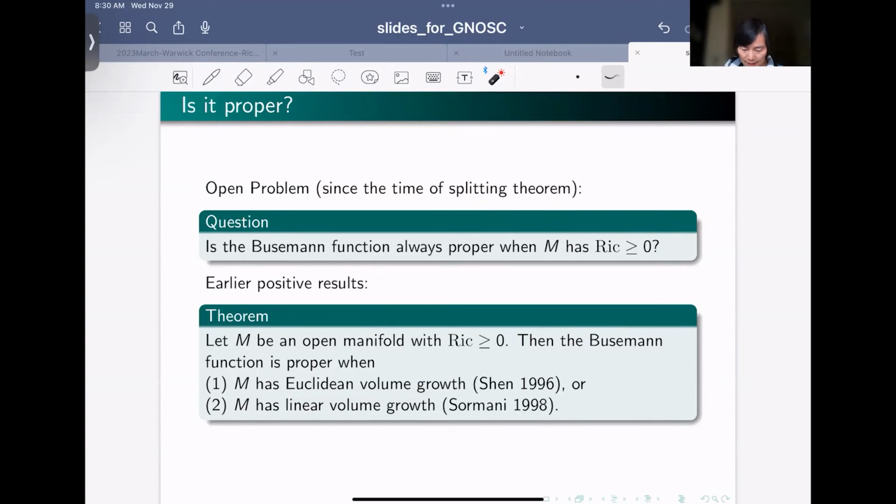And another case is by Cristina Sormani. She did it for linear volume growth. That is the minimal volume growth case. In these cases, the Busemann functions are both proper. I think there are really no other works, and it's also more than 20 years ago.